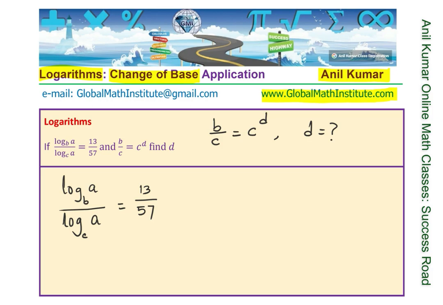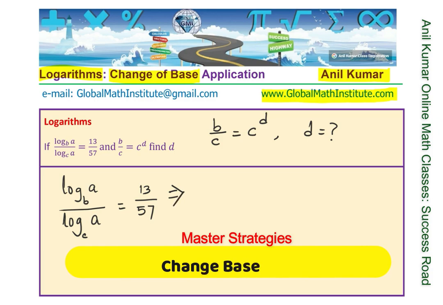Now, to solve this question, we should begin with change of base, right? We see log to the base b of a and log to the base c of a. We could write both with the base a, right? In that case, I could write this as a reciprocal function. So let me rewrite the whole expression by changing the base.